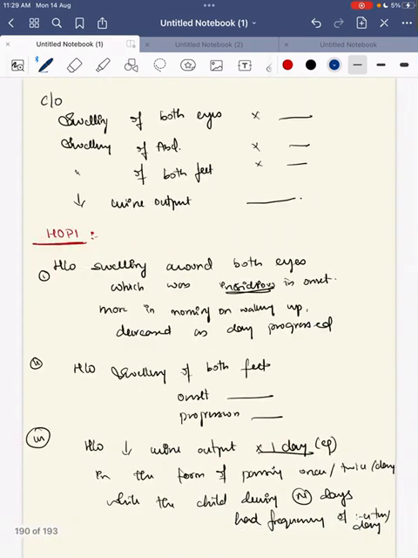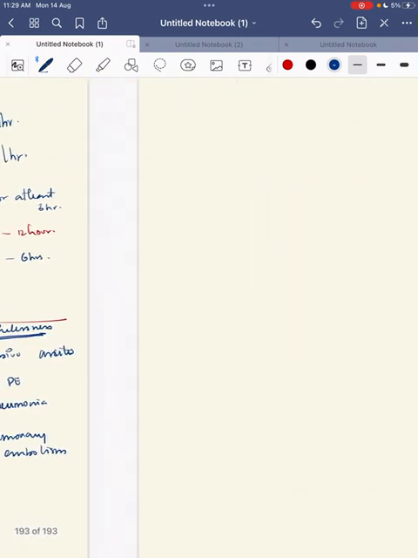Next, what are the negative histories? Now we have finished the course of the disease. Next we are going for the cause of the swelling and decreased urine output. So the next history will be no history of cola colored urine or red colored urine.